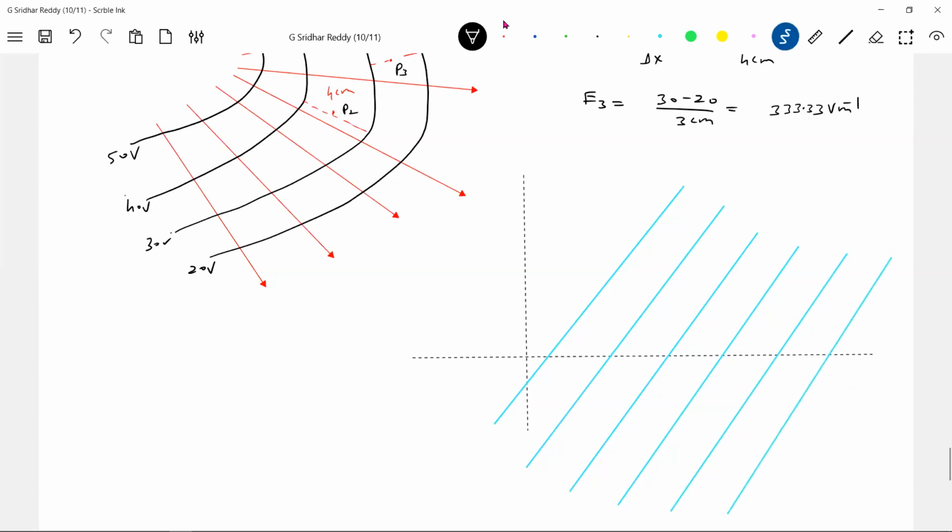Okay, these are the equipotential surfaces where the potentials are given: 50 volt, 40 volt, 30 volt, 20 volt, 10 volt.